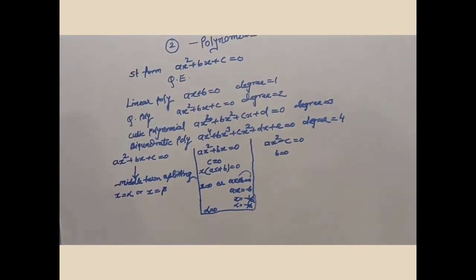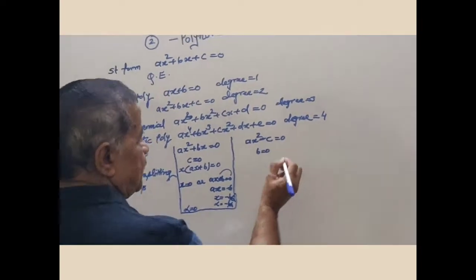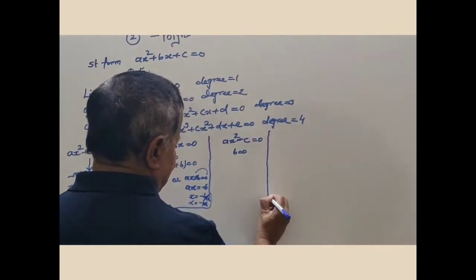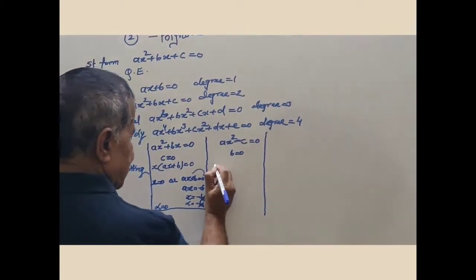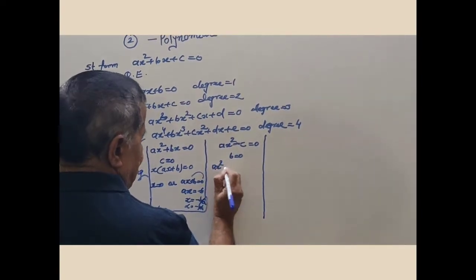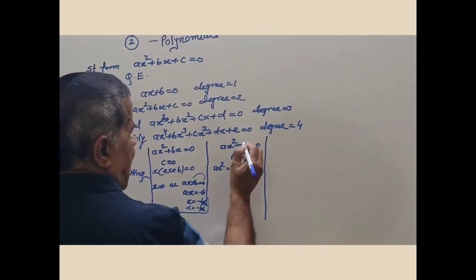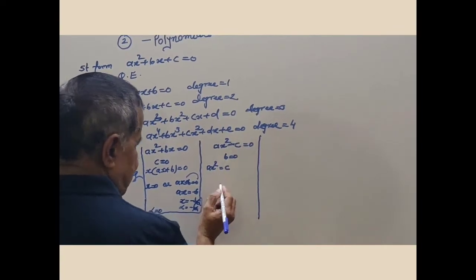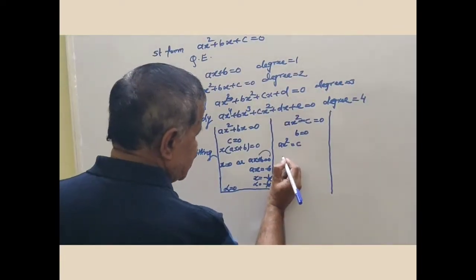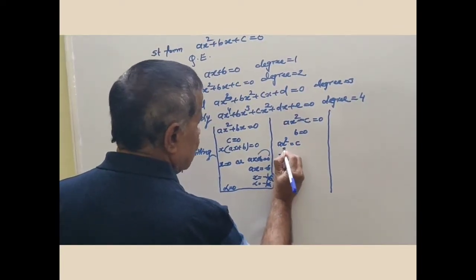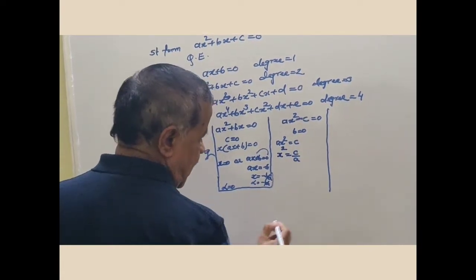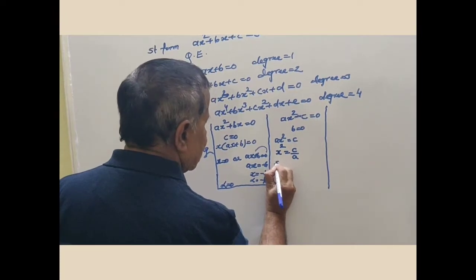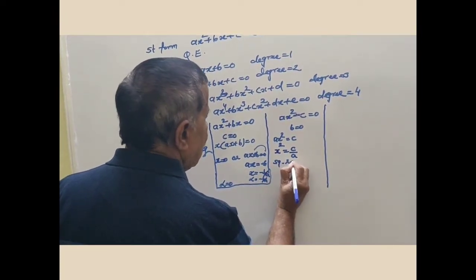Okay. Now we will go to the third type of problem. Type ax square minus c is equal to 0. That is ax square is equal to c. Transfer c to that side. Now I will transfer a to that side, so x square is equal to c upon a. Okay. Now I will take the square root on both sides.